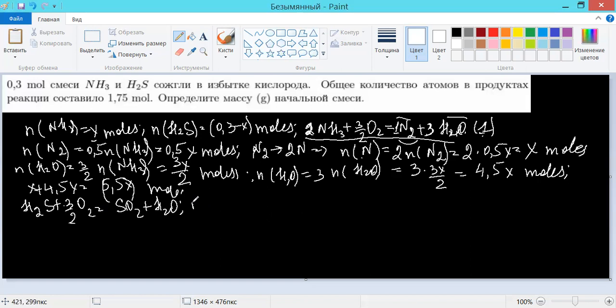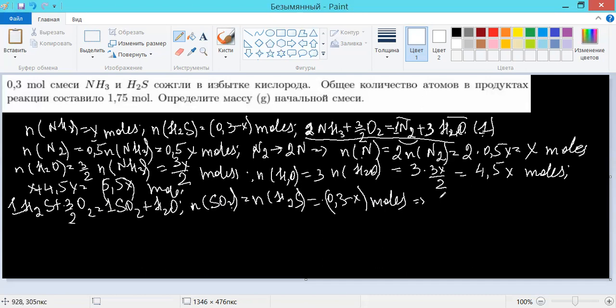Now, the coefficient before SO2 is 1, right? That means that the amount of SO2 is the same as the amount of H2S. And that means that it's 0.3 minus x moles, right? But we also can see that there are 3 atoms in one molecule of SO2.